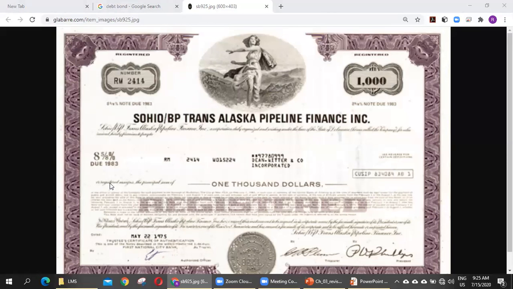Yeah, 8 point, good. Pavitra says the correct answer. It is due for maturity in 1983. It's an old bond. Right now, all bonds are digital. So this is an example of a bond.